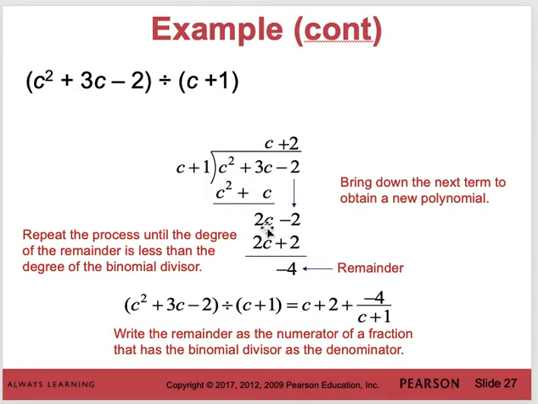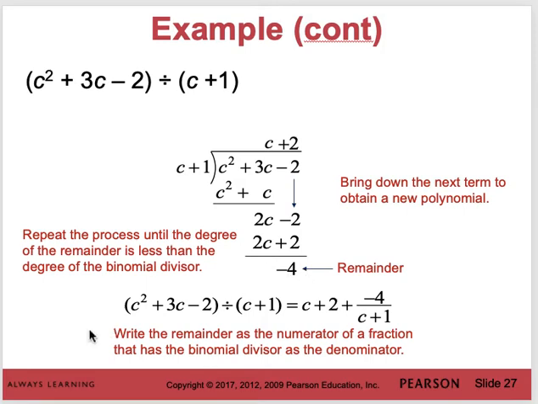With this continued, we can bring down our negative 2 like we would with regular division and ask, how can we get c plus 1 to equal 2c minus 2? Well, if we multiply it by 2, we'd have 2c plus 2. And if we subtract those, 2c minus 2c equals 0, and a negative 2 minus 2 would equal negative 4 as our remainder.